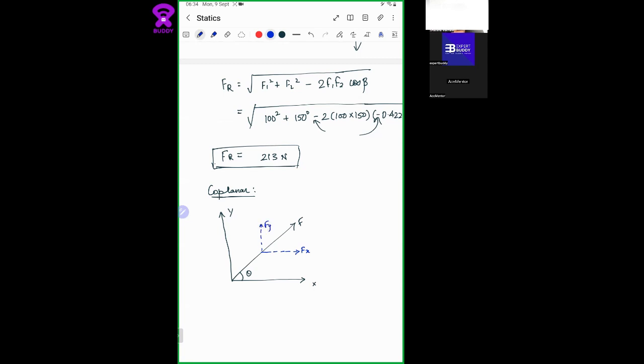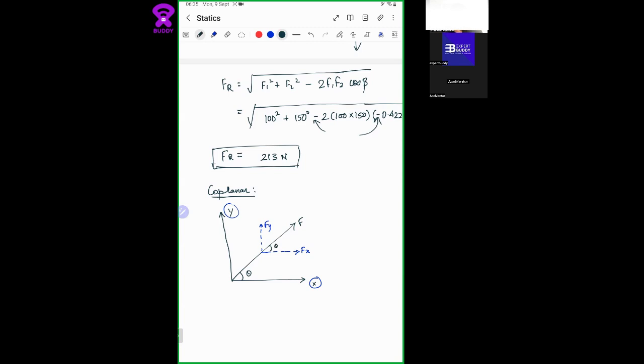Different textbooks will give you different axis notation here. Based on the problem, we can just change the axis, but the concept doesn't change. So what happens when you resolve? Fx is going along the x-axis and Fy is going along the y-axis. What is happening here is this angle becomes theta.